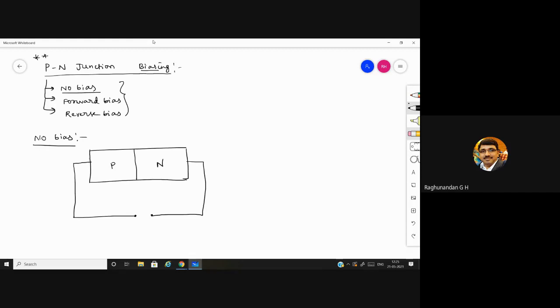So here we will have some metallic contacts on either end, because the semiconductor material is not that hard, so we cannot access it directly. In order to connect this diode to electronic circuitry, we need to connect it through a wire or solder it.